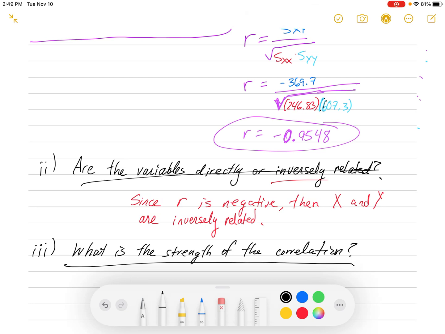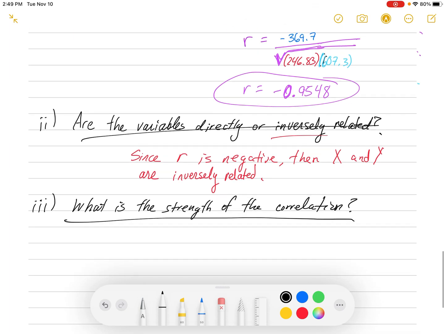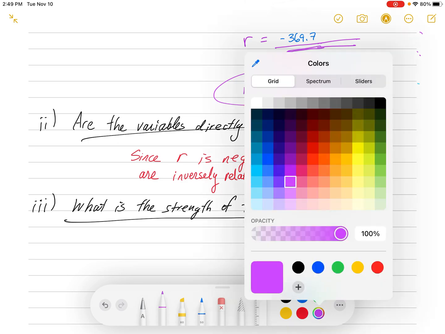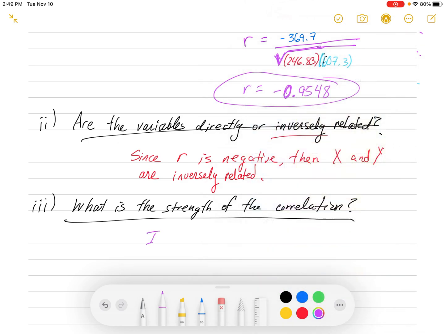If it were between 0.7 and 1, or negative 1 and negative 0.7, it would be strong. This is between negative 1 and negative 0.7. It's still strong. It is strong.